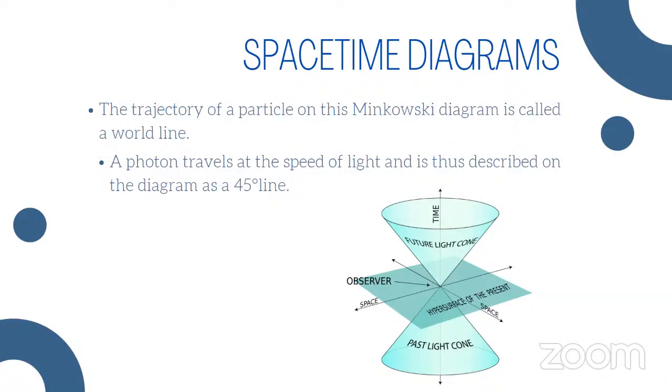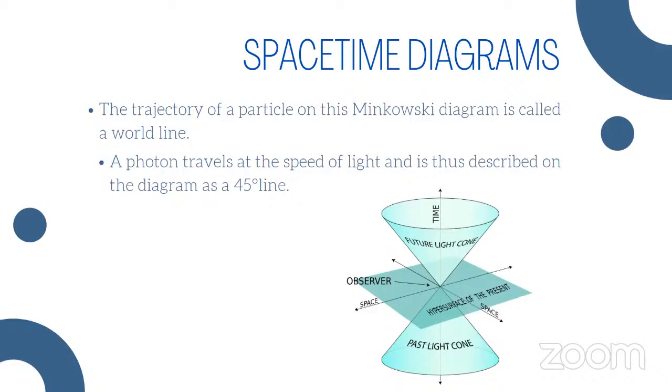Of the three space axes, we suppress two and use a single space axis, say the x-axis, so that we can represent it in 2D on a flat surface like the monitor of whatever device you are using. This represents the whole of space-time, and the observer is supposed to be at the center.